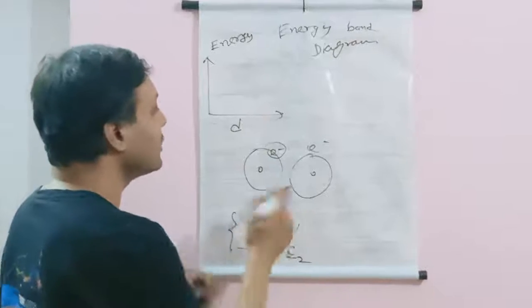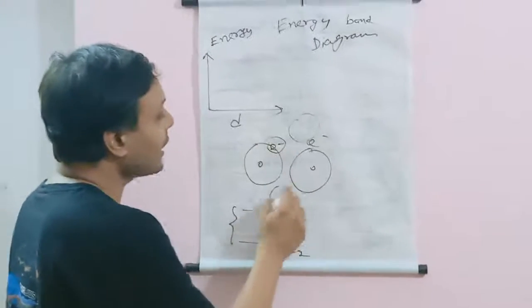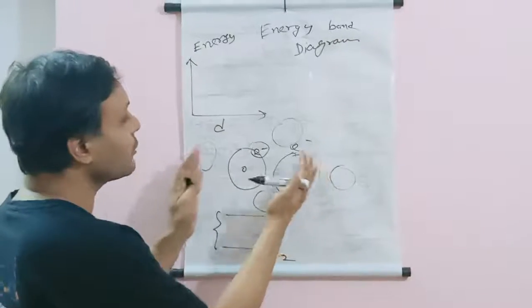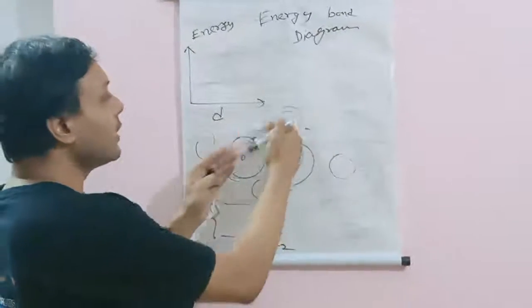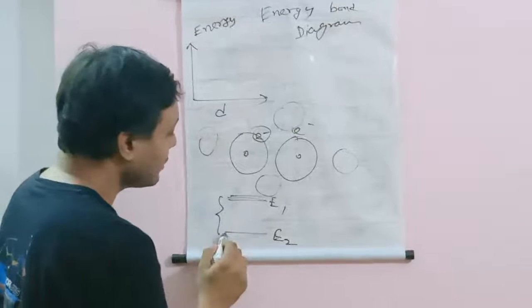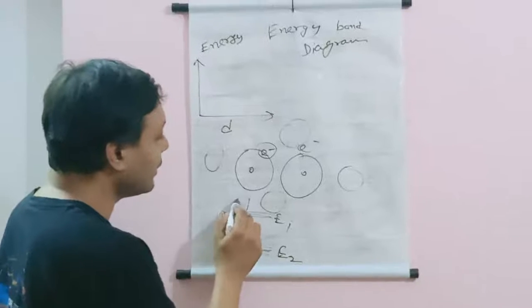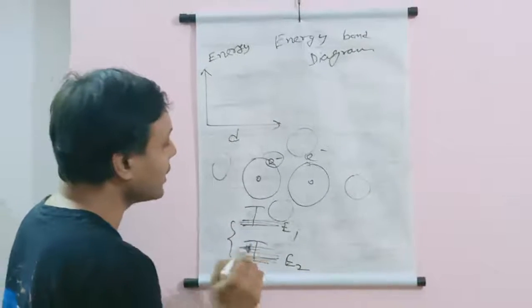Now consider in case of a crystal, there will be so many atoms which come close to each other, and because of that all of their valence electrons interact with each other and create the energy splitting. Because of that a continuous band of energy is created.